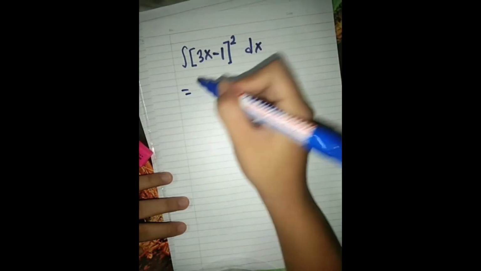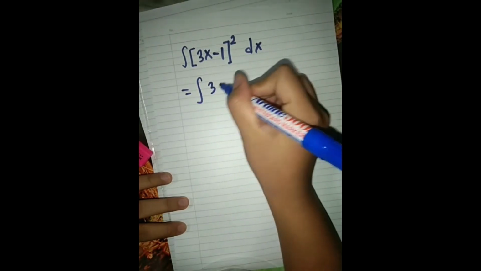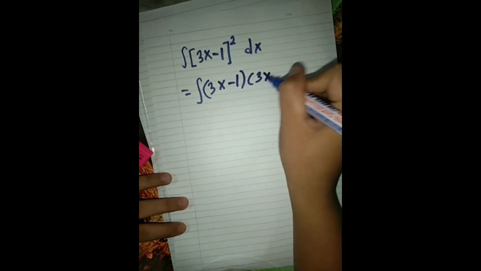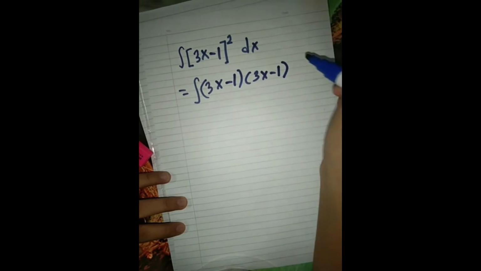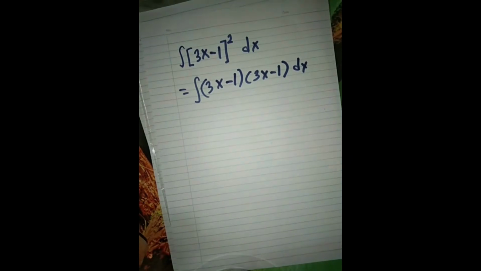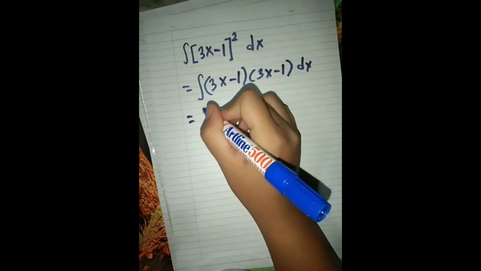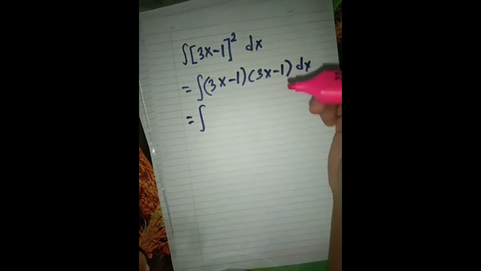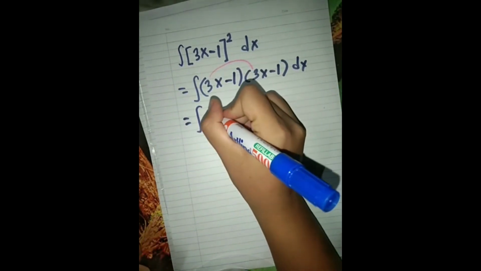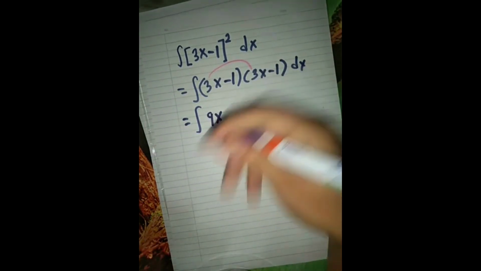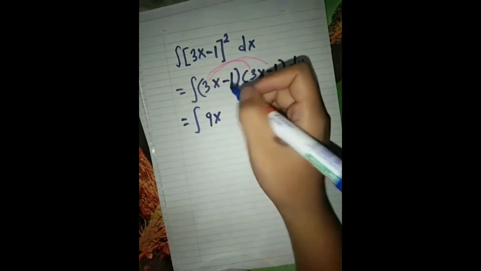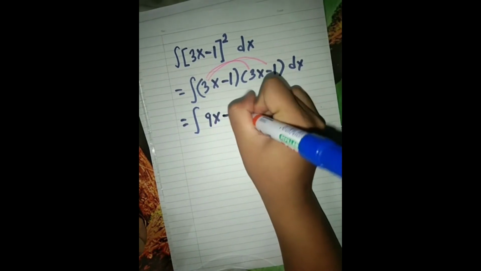Then we have (3x minus 1) times (3x minus 1). 3x times 3x, we get 9x squared. 3x times negative 1, we get negative 3x.